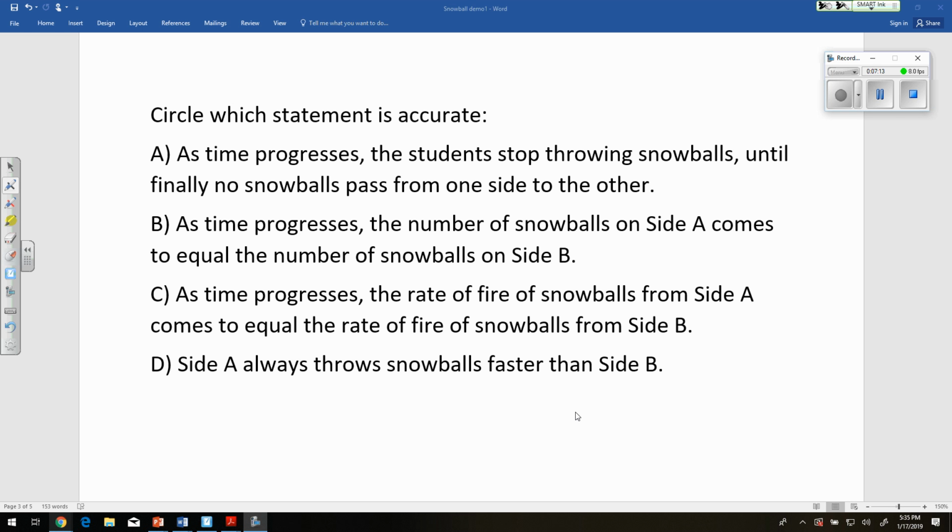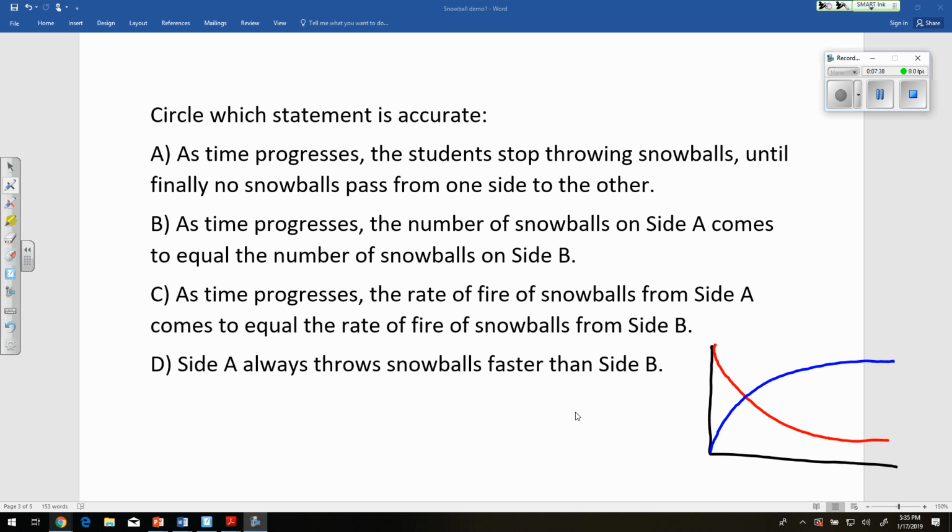And to answer this question, I'm just going to draw a little doodle of our graph so that you can have that to refer to. But see what you think. The answer, we'll go through these one at a time.